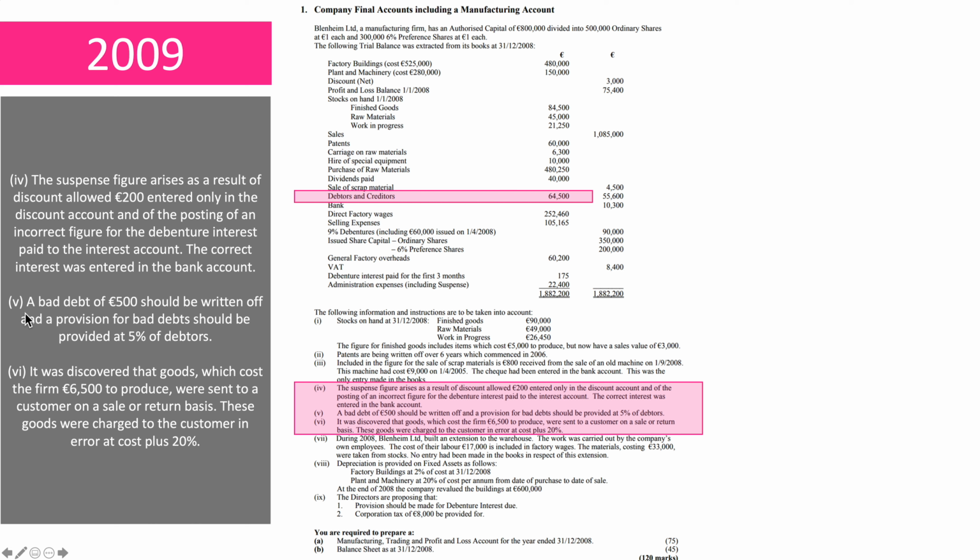Then number 5, a bad debt of €500 should be written off and a provision for bad debts should be provided at 5% of debtors. And then number 6, it was discovered that goods which cost the firm €6,500 to produce were sent to a customer on a sale or return basis. These goods were charged to the customer in error at cost plus 20%.